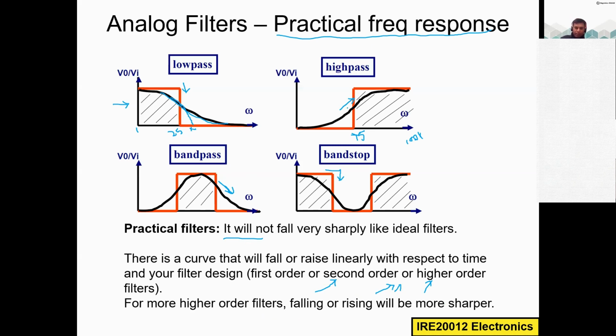So maybe, for example, here I have a normal single order filter design. So I make this a first order filter design. I make it into the second order filter design, then the curve may fall down here. Then I make the third order filter design, then the curve may fall down here.